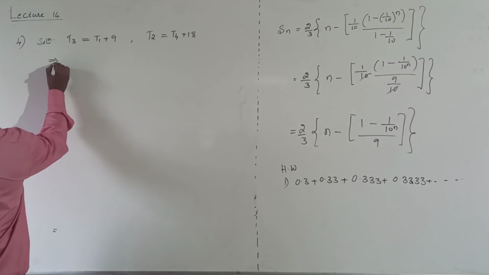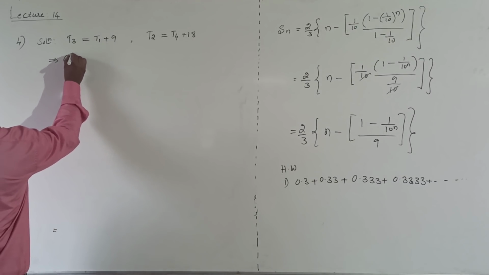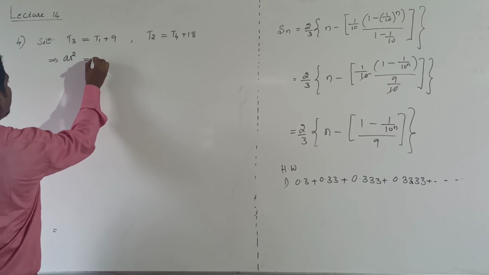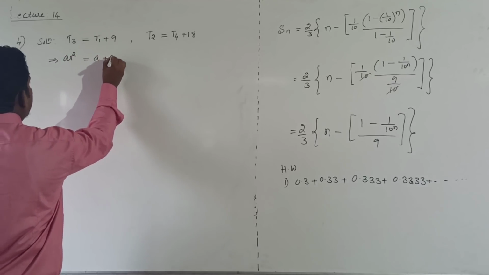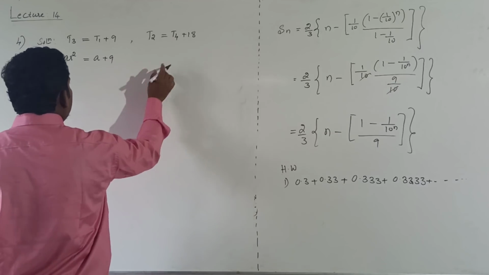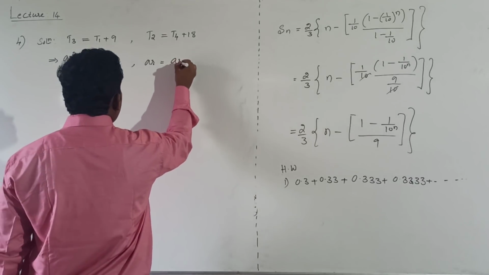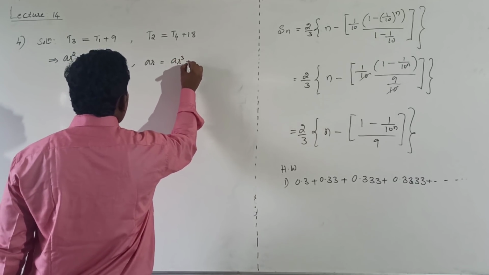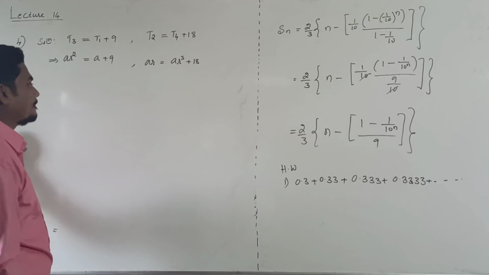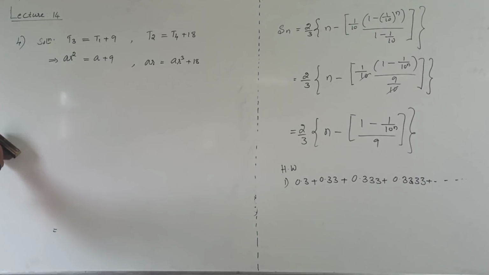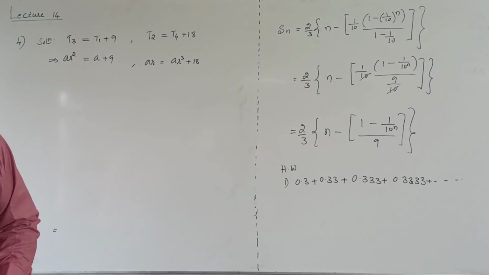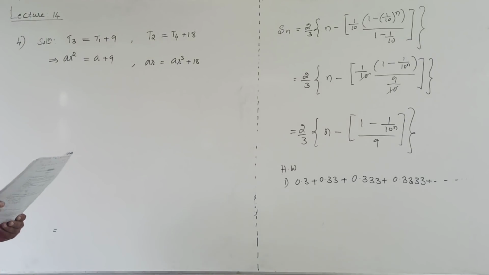Now, T3 is a into r square, equal to T1 plus 9, that is a plus 9. And similarly, a into r is equal to a into r cube plus 18, since the second term is greater than the fourth term by 18.